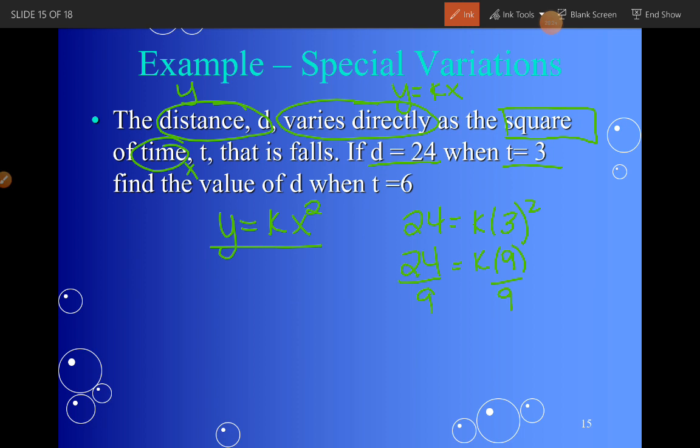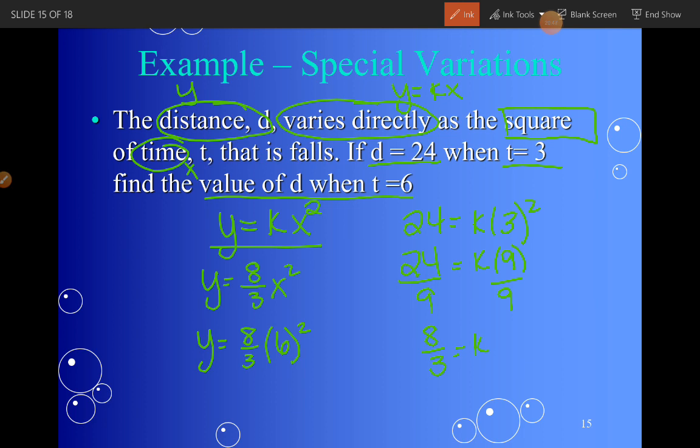This is going to simplify to 8 over 3 is equal to k. So our equation is going to be y is equal to 8 over 3 x squared. Don't forget the squared. Then find the value of the distance when the time is 6. So again, we're trying to find the y value.